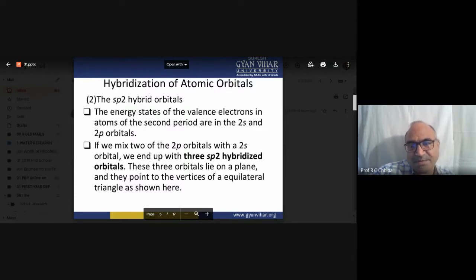Boron is trivalent, and this cannot be explained on the basis of the given electronic configuration.